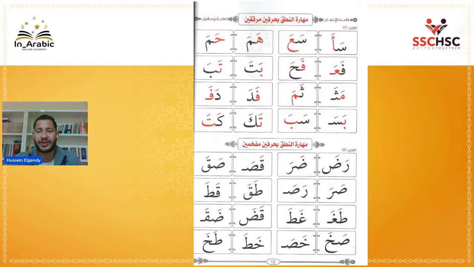The second word in this line is sa, a. Then ha, ma, and ha, ma. The second line we have fa, a, fa, ha. Then we have ba, ta, and ta, ba. Then we have ma, fa, tha, ma. Then fa, da, and da, fa.